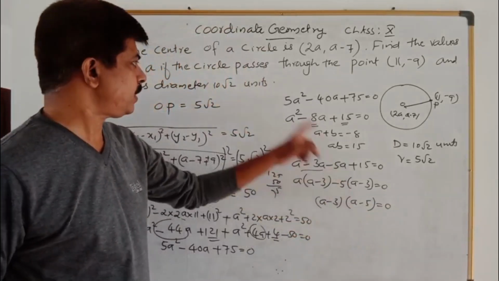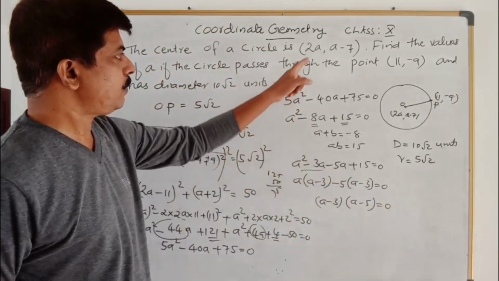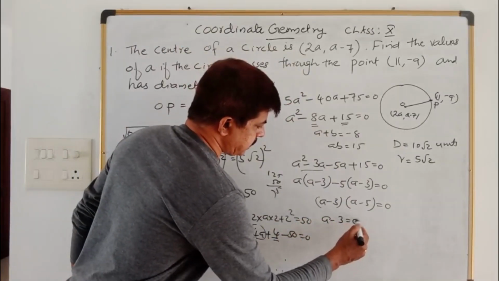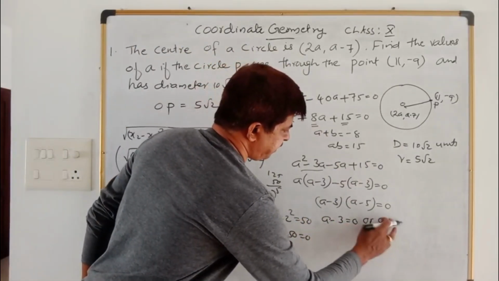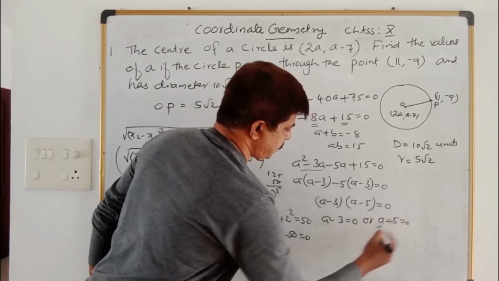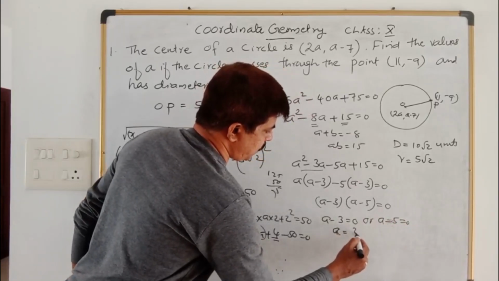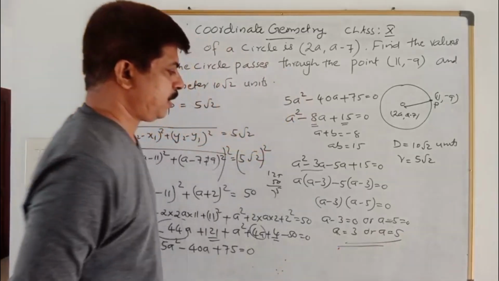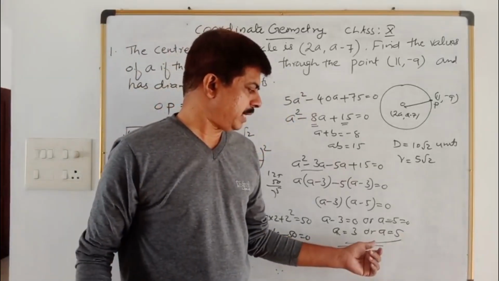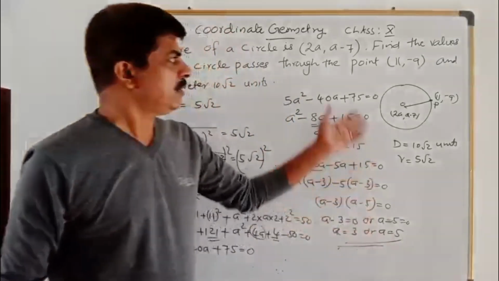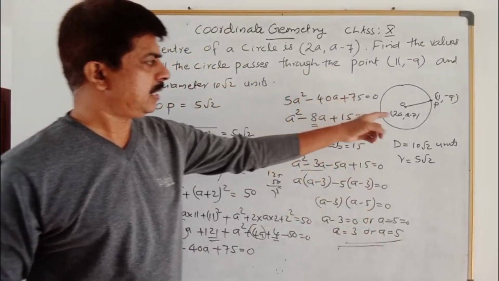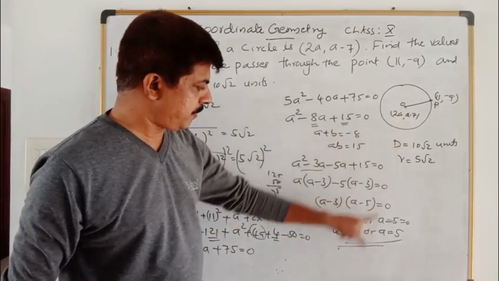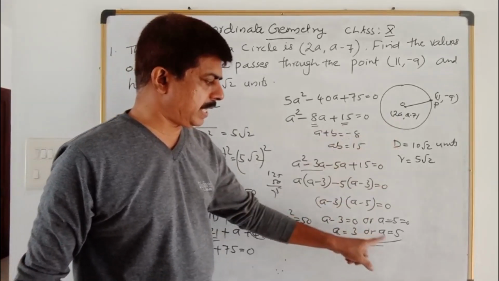We want to find the value of a, so either a minus 3 equals 0 or a minus 5 equals 0. So a becomes 3 or a becomes 5. These are the two values of a for this equation.